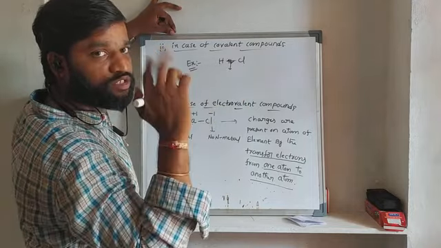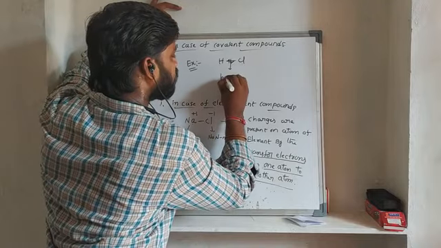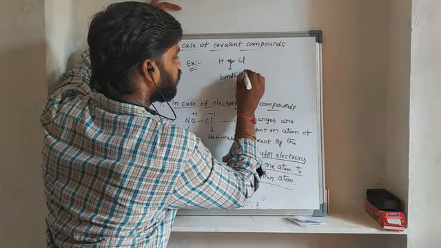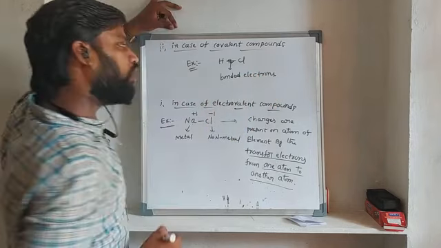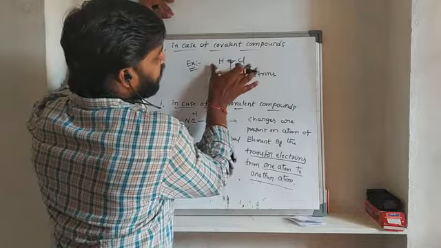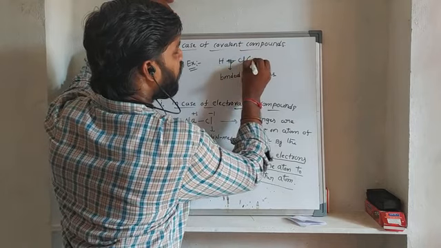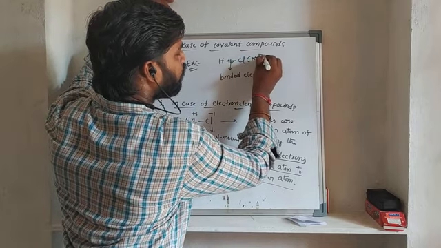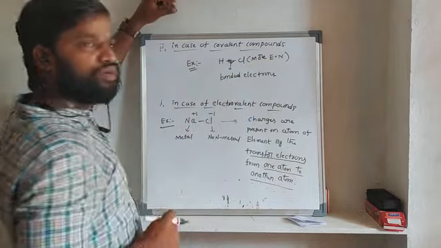In this bond, 2 electrons are present. These electrons are called bonded electrons. Here in the HCl molecule, chlorine is the more electronegative element compared to hydrogen.